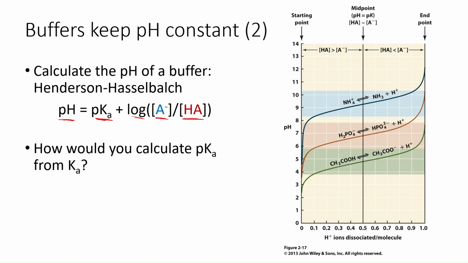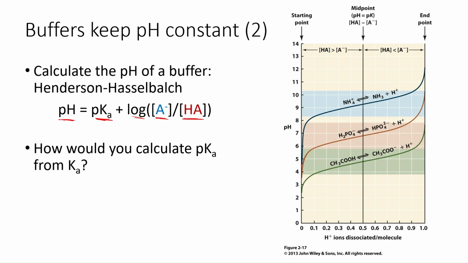So how would we know what the pKa is? For a buffer, we've discussed a couple of slides back how the Ka describes the relative amount of the conjugate base to the acid.